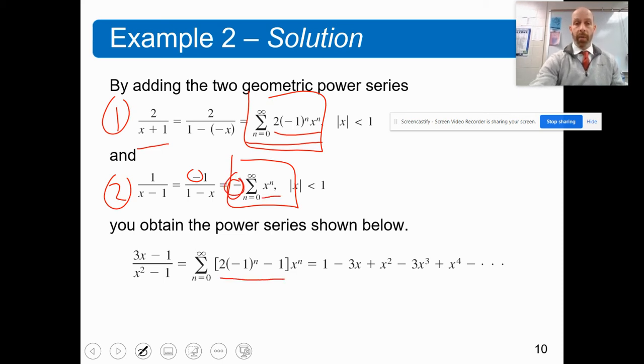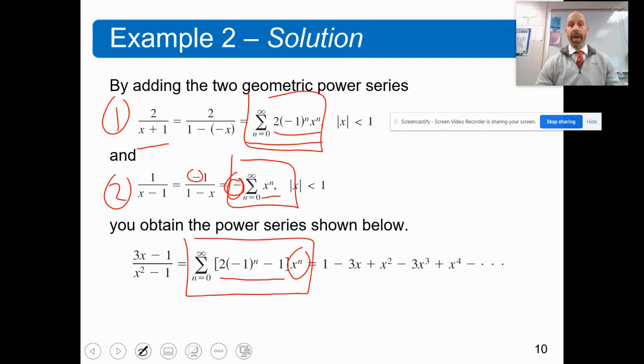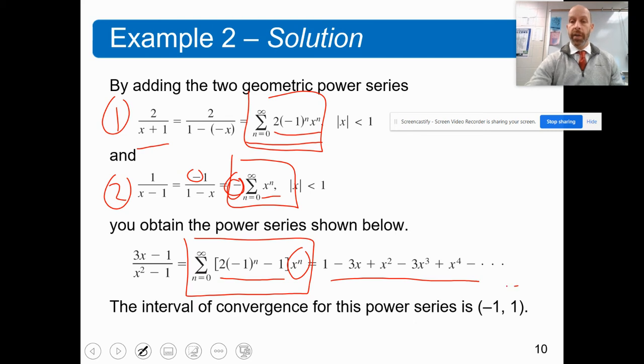And hopefully you can see where all of that comes into play. So here's our power series for that particular function f. In expanded notation, it would look like this. And our interval of convergence actually does not change. Just like the original two had a radius of convergence of 1, so does their sum.